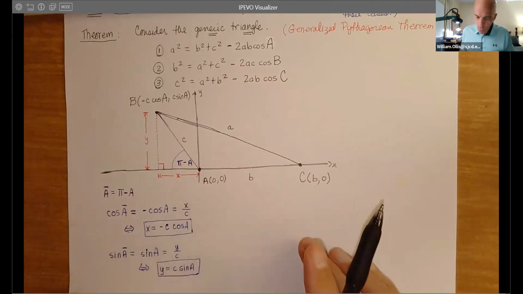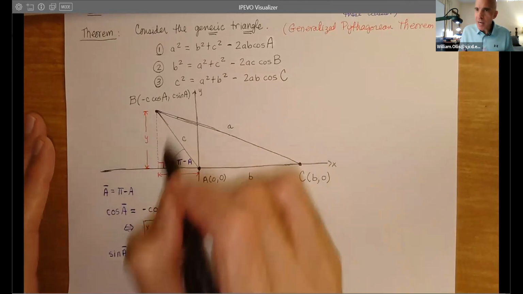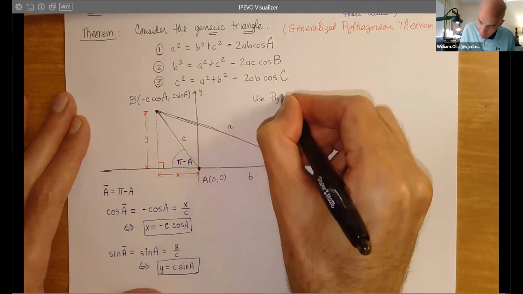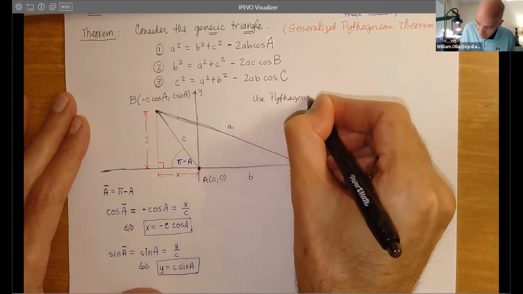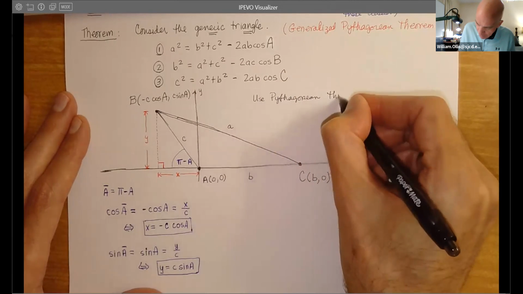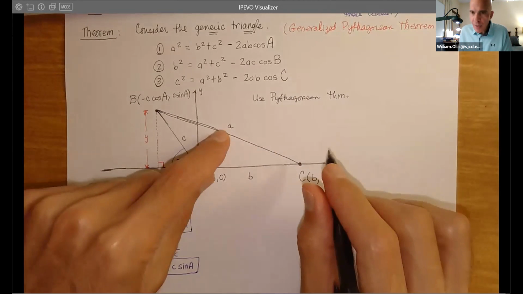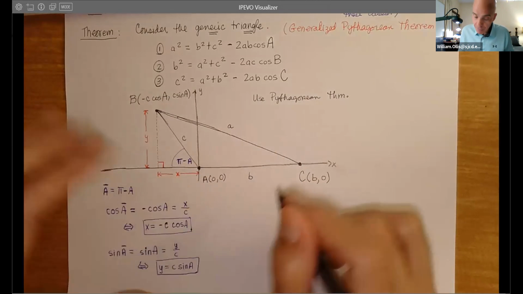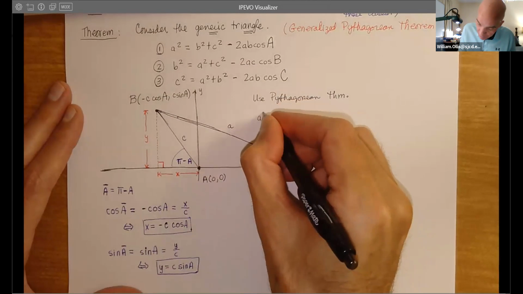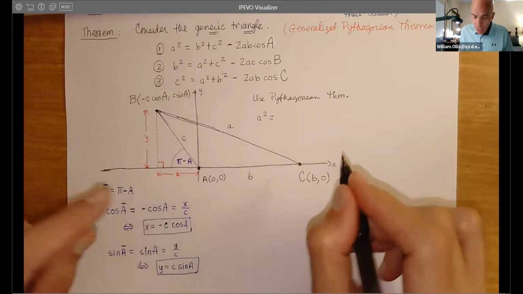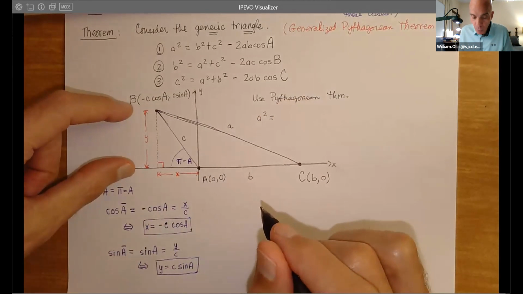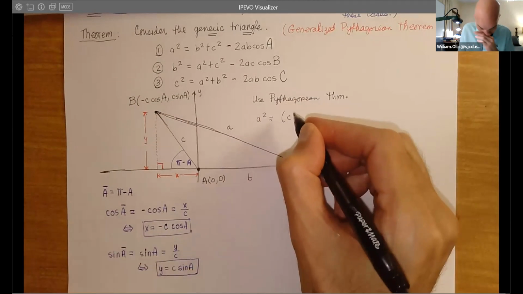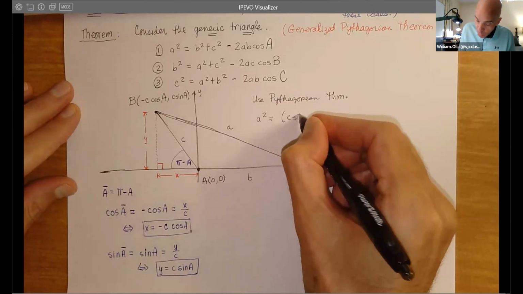Now, like I said before, this larger triangle is a right triangle. So we need to use the Pythagorean theorem. So we know that the hypotenuse squared is simply the sum of the squares of the legs. So we have a squared. Now, of course, we have this in 2 pieces. Y, we know, is c sine A. So we have c sine A quantity squared.